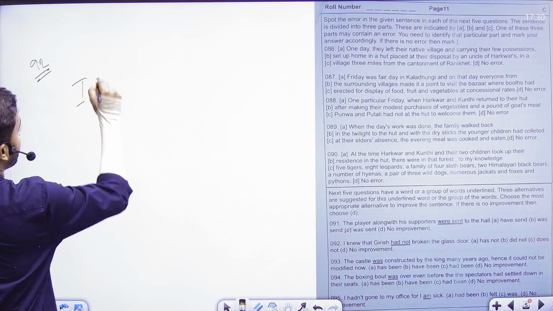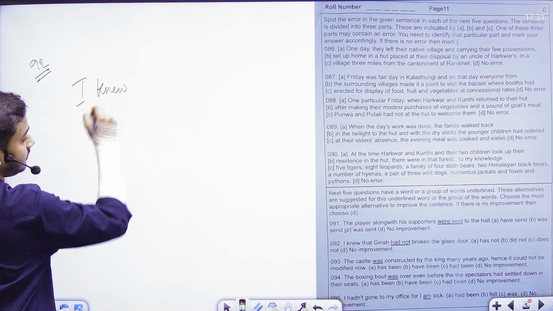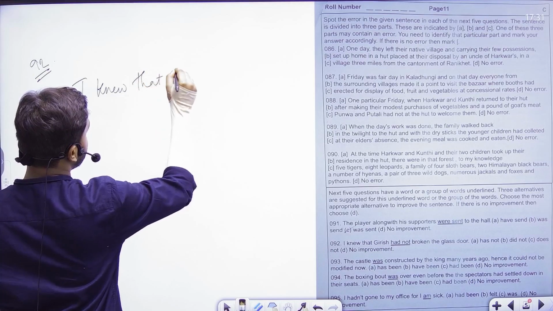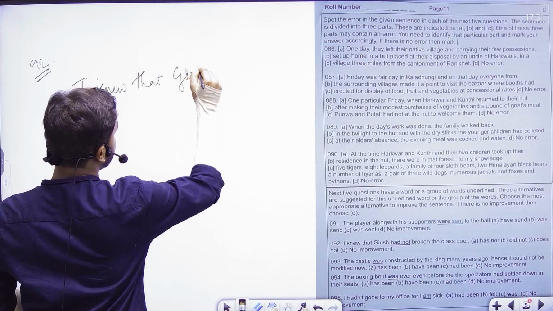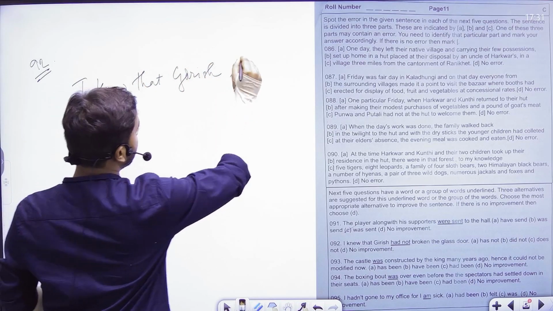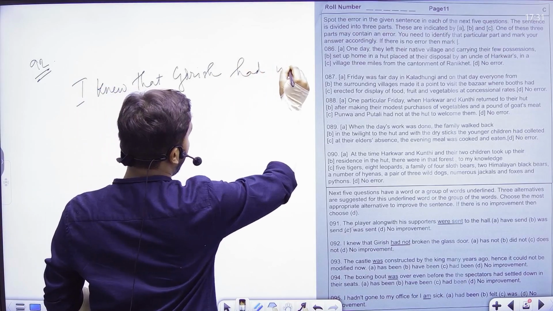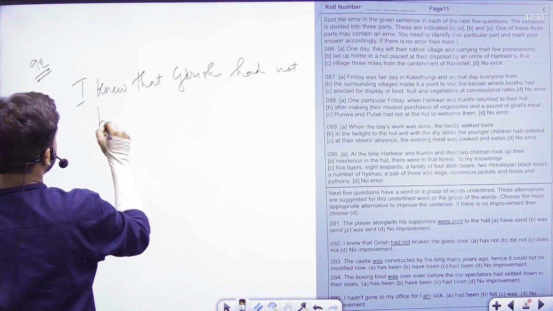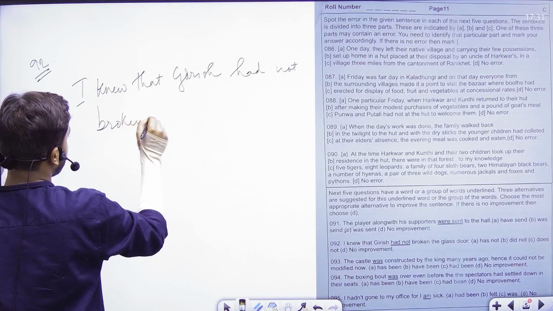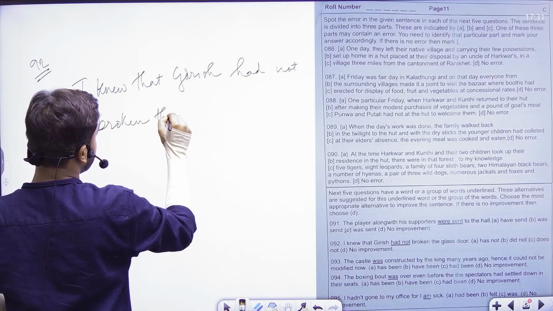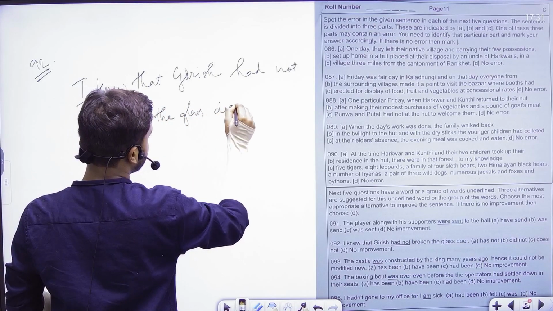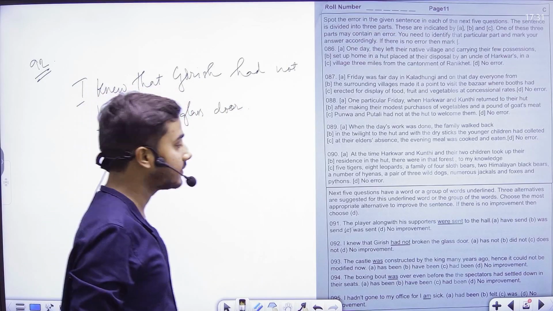So the sentence was, I knew that Girish had not broken the glass door, right?